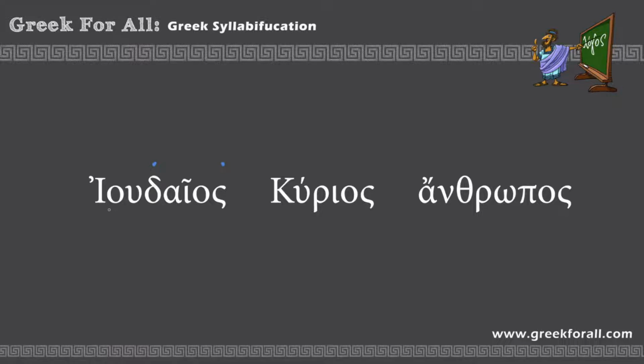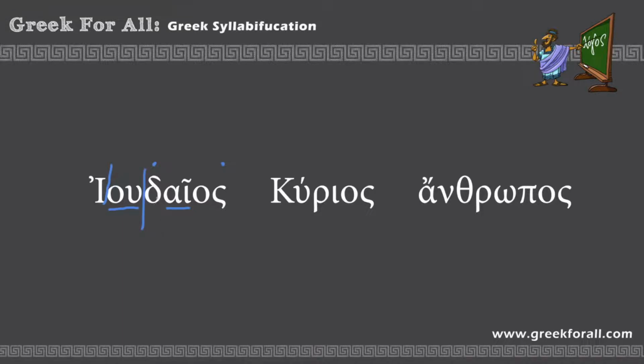For example, the first pair is a diphthong and the second pair is a diphthong. So we have 1 vowel, 1 diphthong, another diphthong, and another vowel. So we have 4 syllables here. Now let's break it down. First we have an iota, so we break it after a vowel. Then we have a diphthong, so we break it here as well.